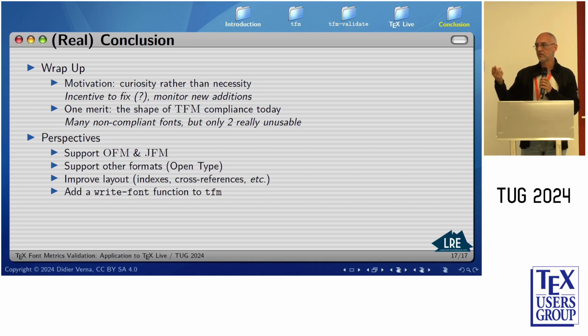And then one way to fix the fonts, if the maintainers refuse to do so, would be to load the file and then write it back with all the errors spotted and fixed, for those errors which can actually be fixed. Okay? And that is all I have. Thank you very much.